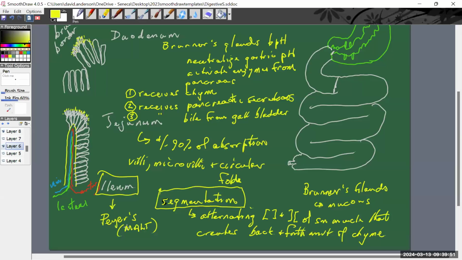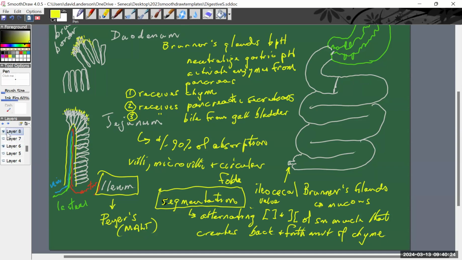And then we have what's called the ileocecal valve. And that valve is going to regulate the contents that are found in the end of the small intestine into the large intestine.